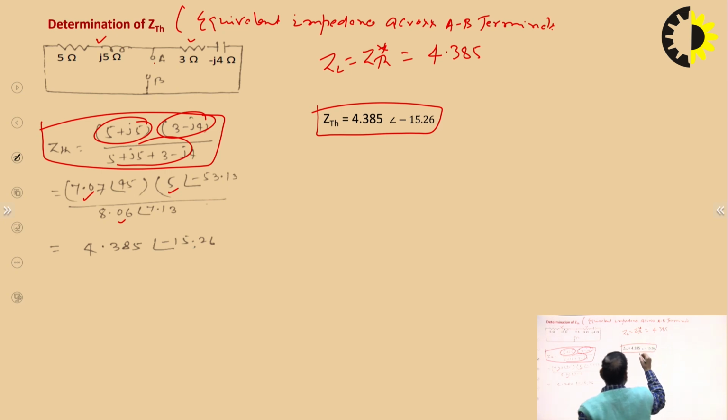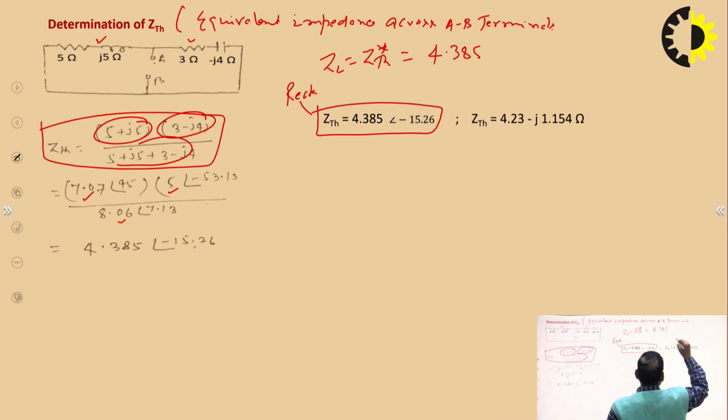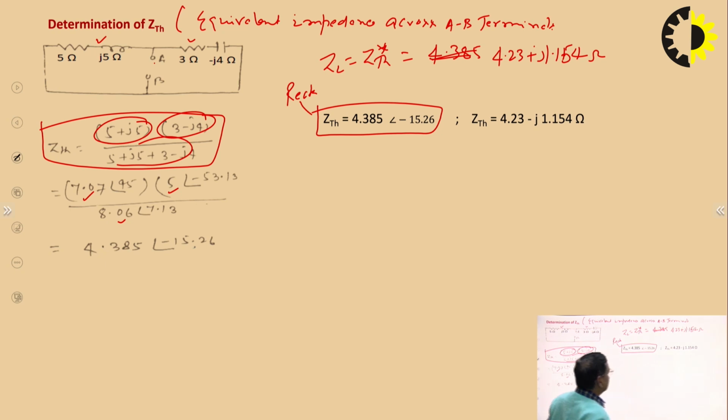First you have to convert into rectangular form. This is in polar form, so you convert into rectangular form. So ZL is 4.23 plus J 1.154 ohm. So ZTH is 4.23 minus J 1.154 ohm.